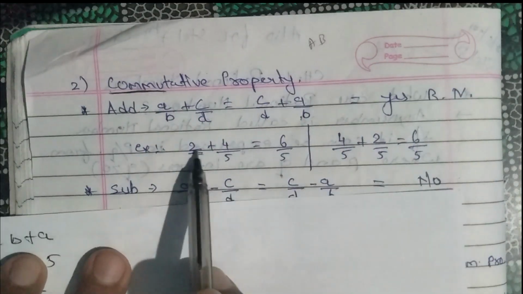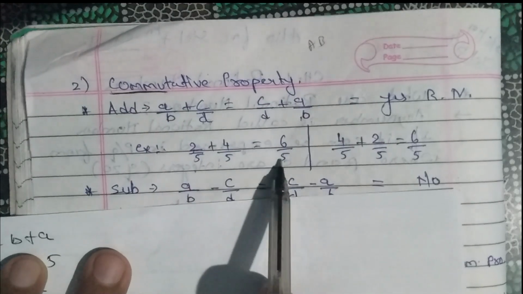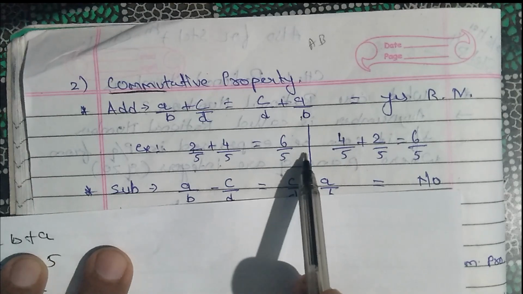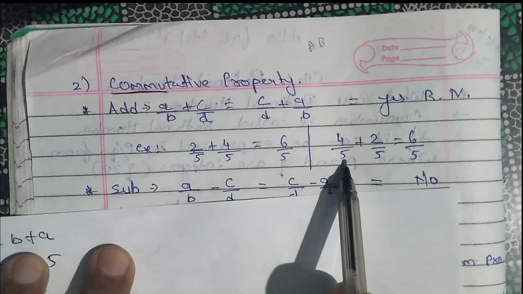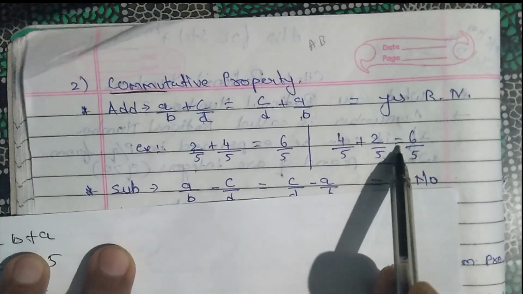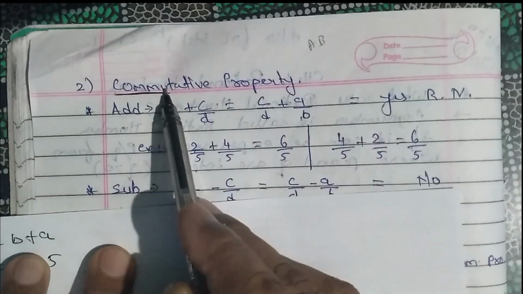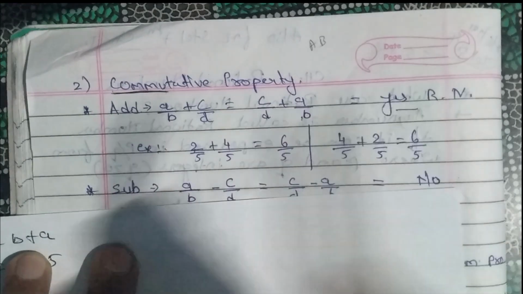With an example, let's understand this. 2 upon 5 plus 4 upon 5 equals 6 upon 5. I can also write the same by changing the positions, 4 upon 5 plus 2 upon 5, which is also equal to 6 upon 5. So yes, commutative property in rational numbers is applicable.